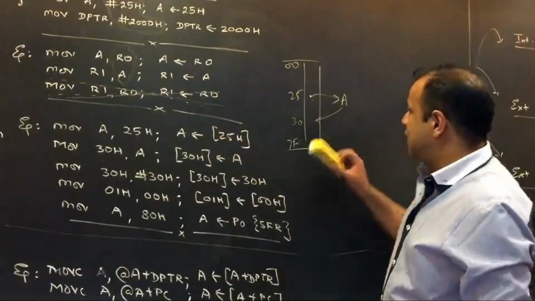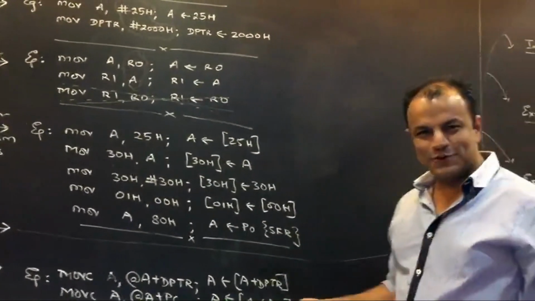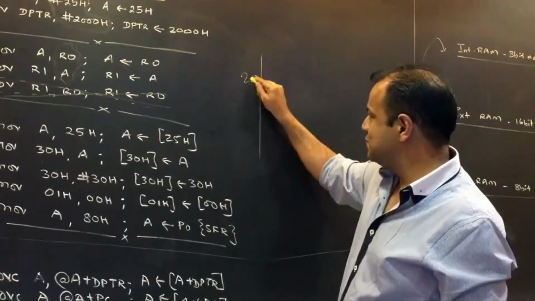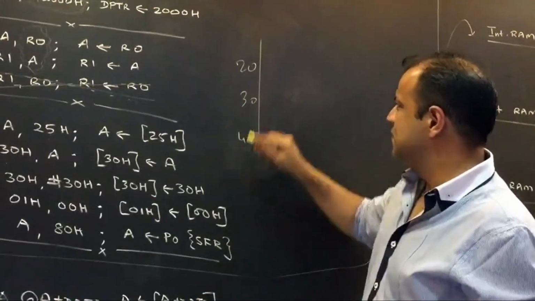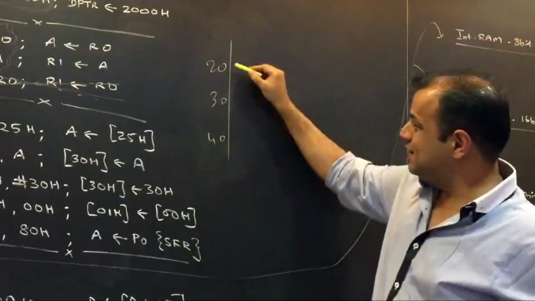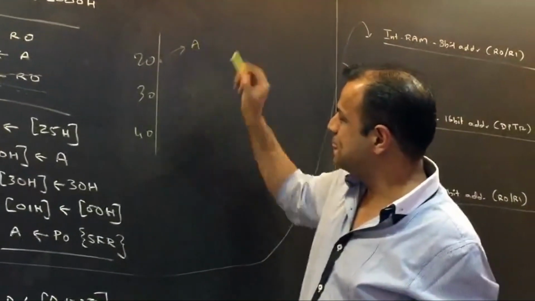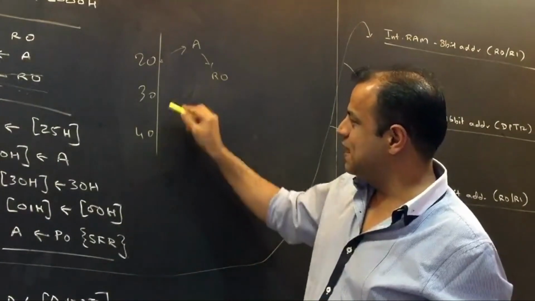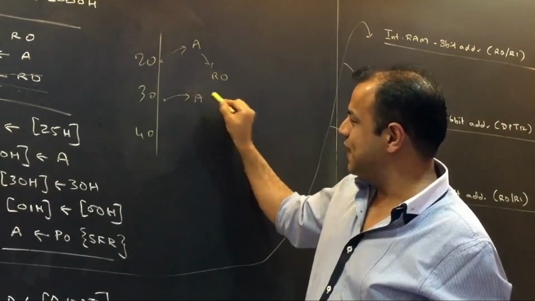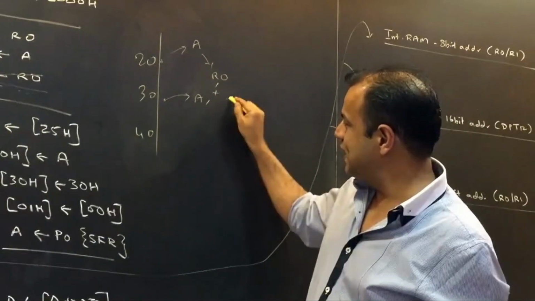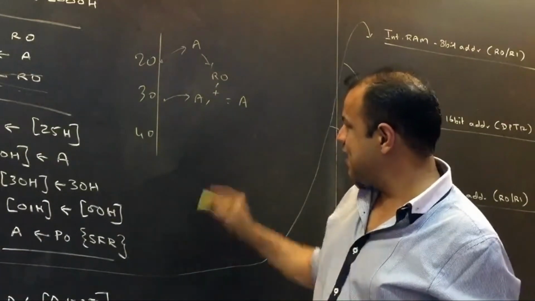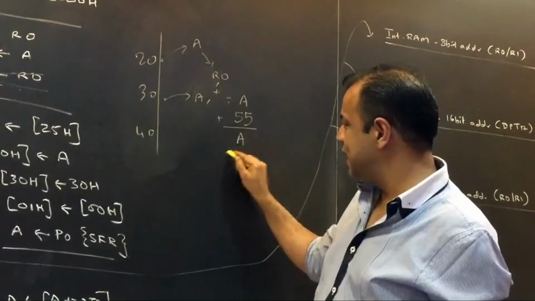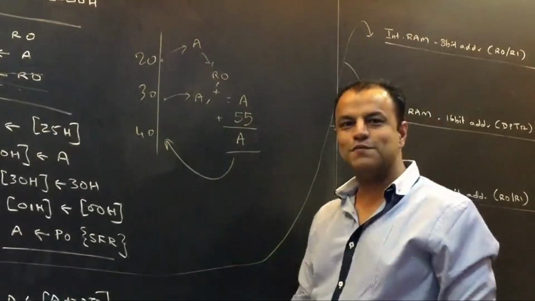Now let me ask you a small exercise, just to see whether you understood all this. This is location 20, this is 30, this is 40. Take the data from location 20 into A, transfer it into register R0, take the data from 30 into A, add the value of A and R0, answer will come in A, add the number 55, answer will still come in A, store the result at location 40.